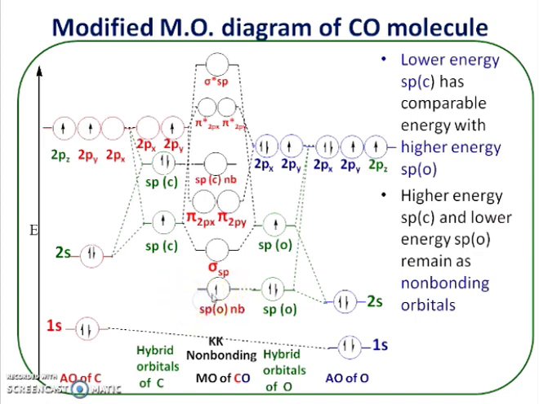So first electron enters this non-bonding orbital, then second and third electrons enter the sigma sp bonding molecular orbital, then the fourth electron enters the same orbital, sigma sp bonding molecular orbital, then the fifth electron enters the pi 2px orbital, the sixth electron enters the pi 2py orbital, then the seventh, eighth, ninth electrons enter the non-bonding sp hybrid orbital of carbon, and the 10th electron also enters the non-bonding sp hybrid orbital of carbon.